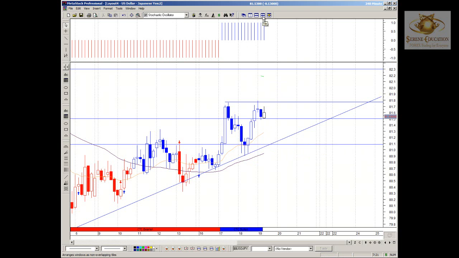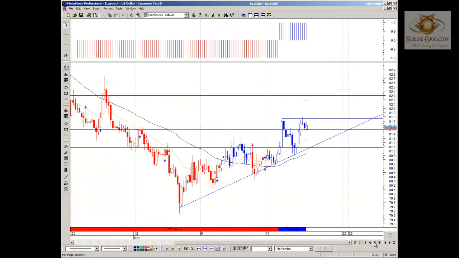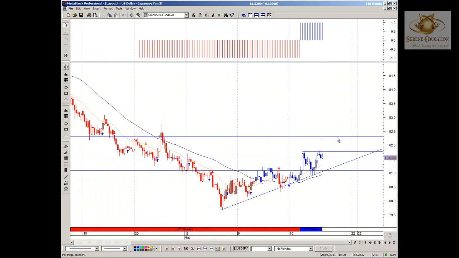So ideally, we would like to see it trading higher than 81.50. Failure to do so, you can see price revert down to 81.20 or 30. Ideally, you'd like to see a break and close higher than the 81.80 mark for further opportunities to the upside, and then our next target would be roughly around the 82.30 mark, which is roughly in conjunction with the 200 period moving average for this time frame.